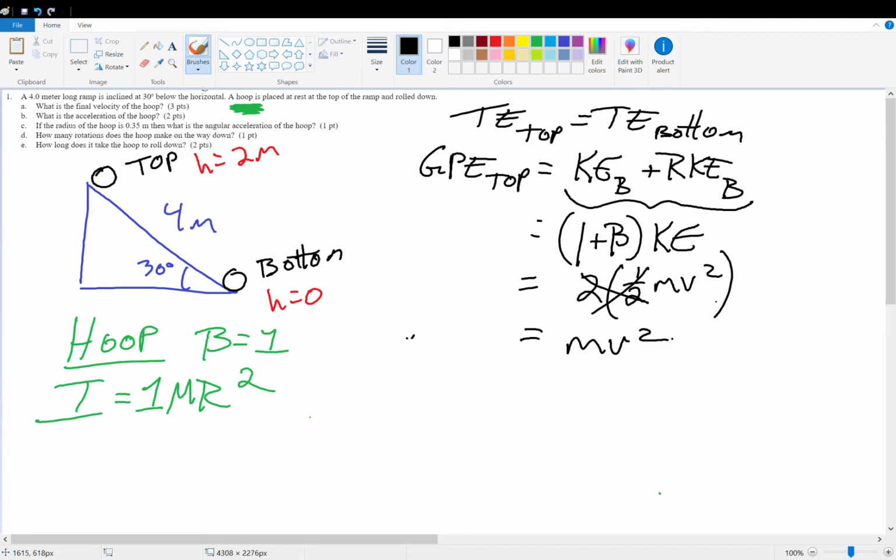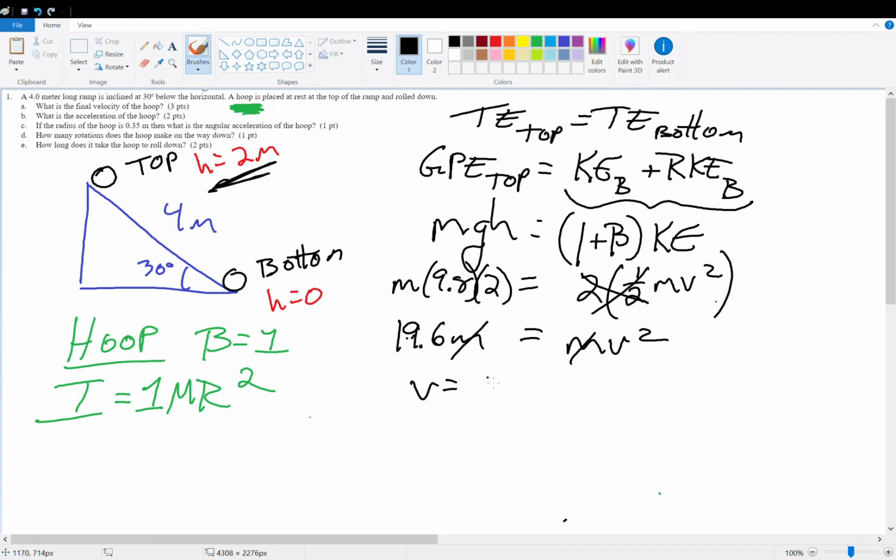On the other side of the equation, we've got GPE, which is mgh. So that's m times 9.8 times our height of 2 meters, which is 19.6 m. Notice the m's cancel out. Take the square root of both sides, and the velocity turns out to be 4.43 meters per second. And that is question A.